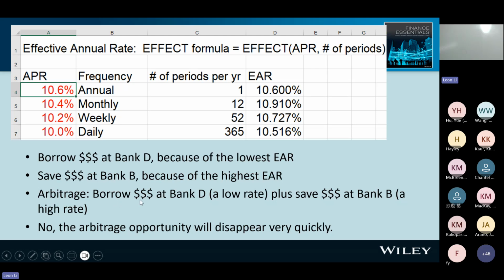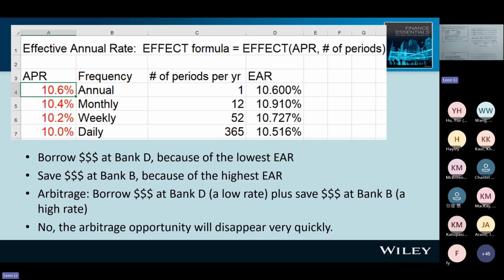Arbitrage means you can borrow the money at bank D, the lower rate, and save the money at bank B, a higher rate. So will the arbitrage exist forever? The answer is no. The arbitrage opportunity will disappear very quickly. Let me show you my note here.